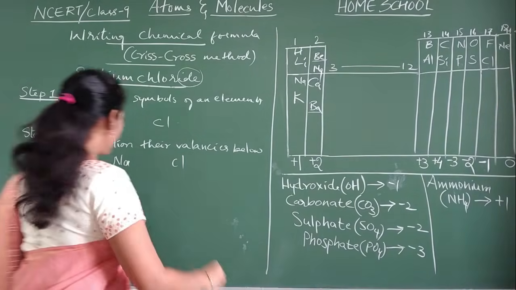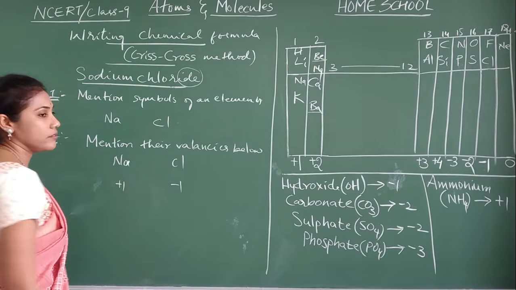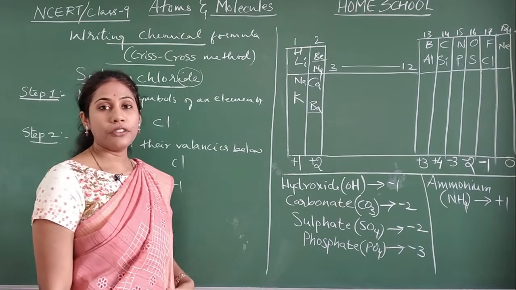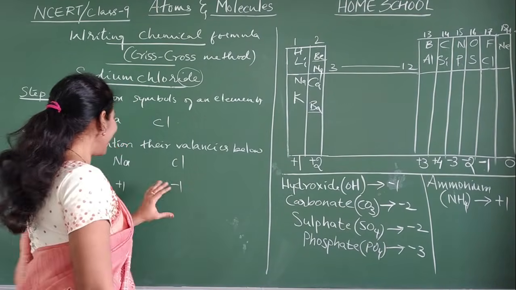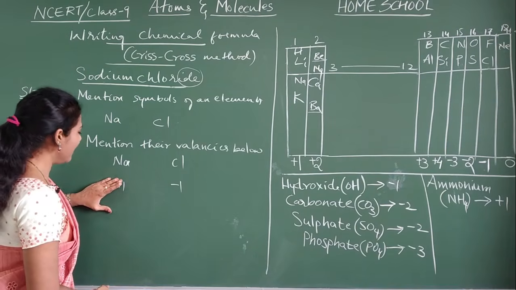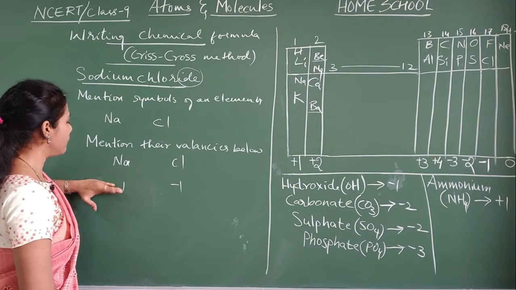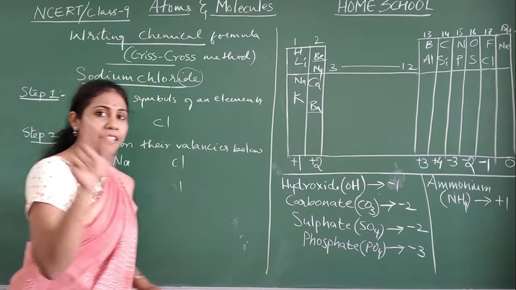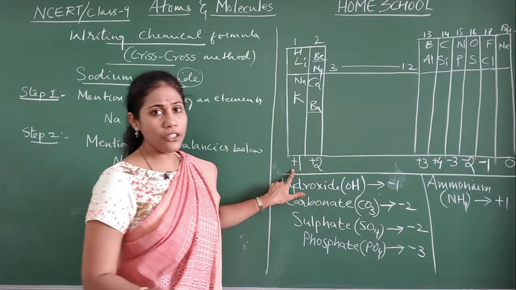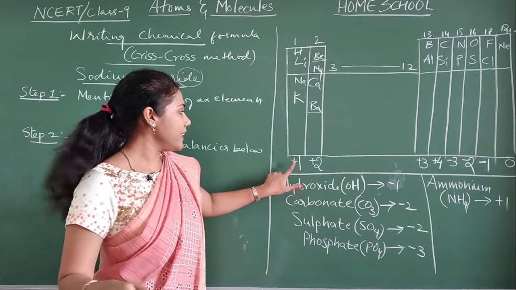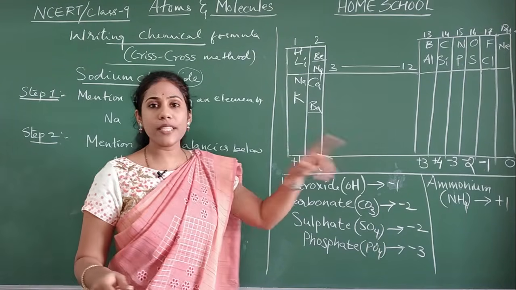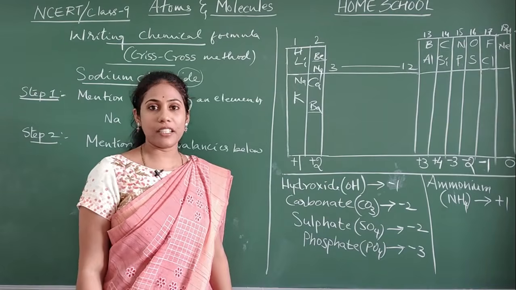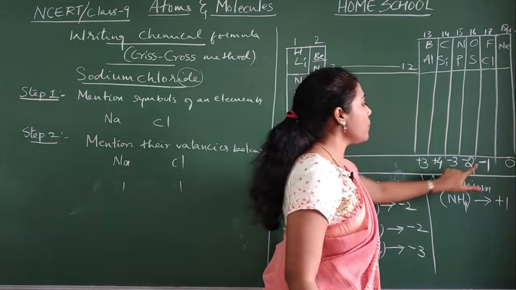-1, isn't it? -1. And here, you need not indicate the valency with a sign. For writing a formula, you should not consider the sign, that's it. But you must know the meaning, yes or no? Plus means what? These elements always lose 1 electron during a chemical reaction. -1 means what?